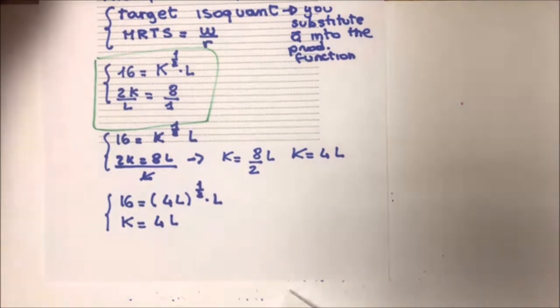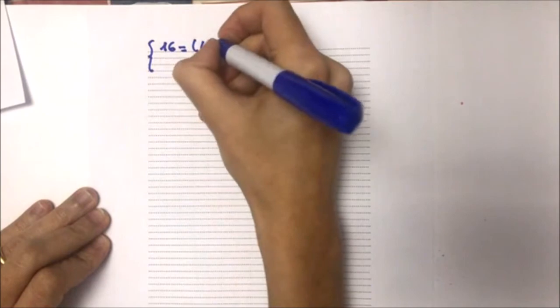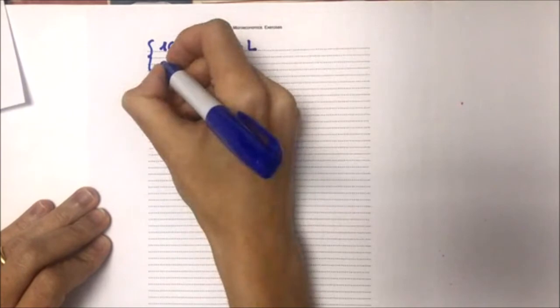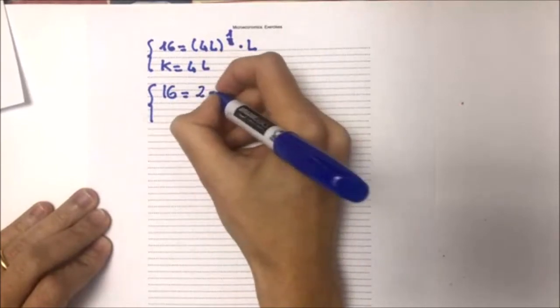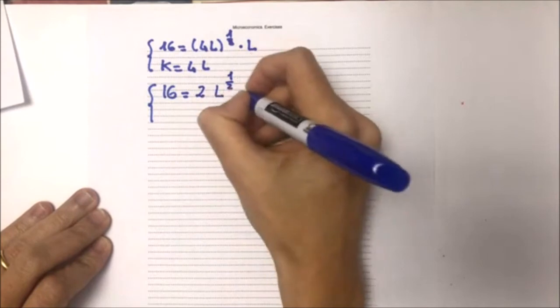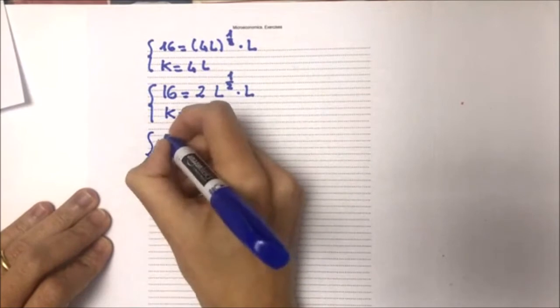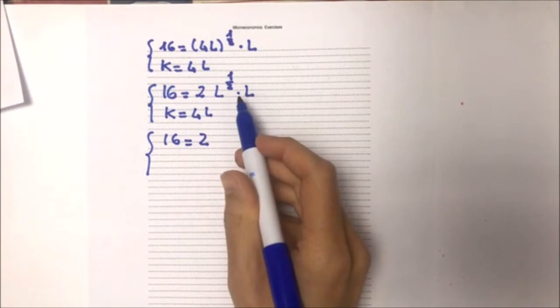So I rewrite here the last step just so that you have everything here. It was 4L to the power of 1/2 times L, and then we have k equal 4L. Okay, so we now compute and we have 16 equal 4 to the power of 1/2 is 2, and then we have L to the power of 1/2 times L, and here k equal 4L. So we can write this as 2, then we have L to the power of 1/2 times L.